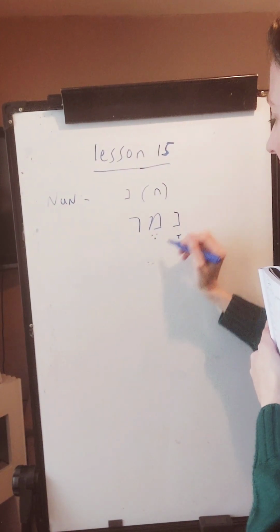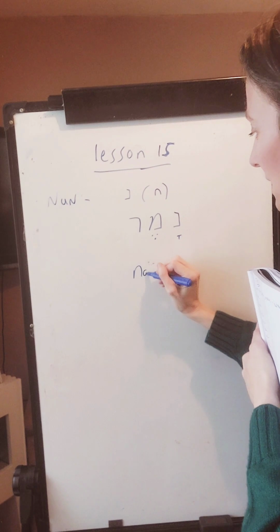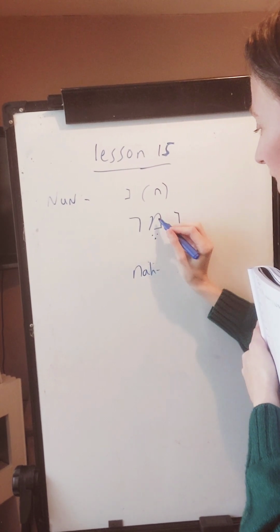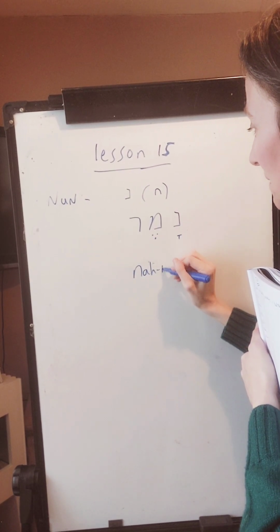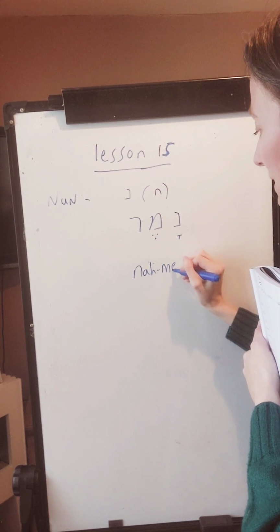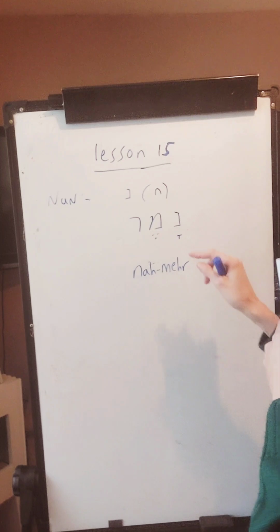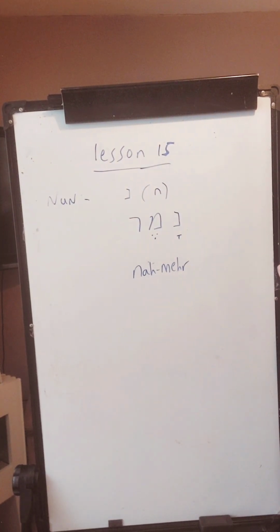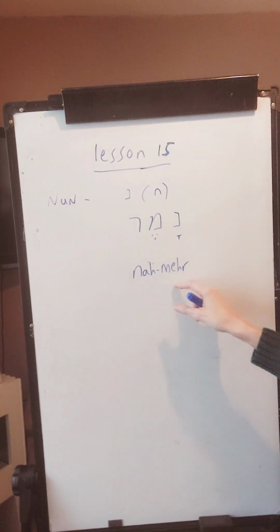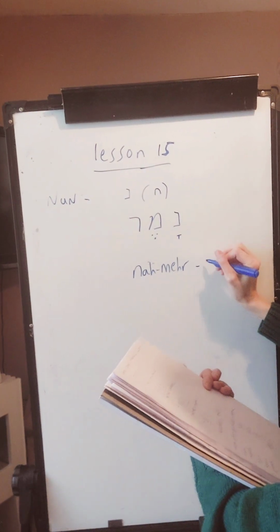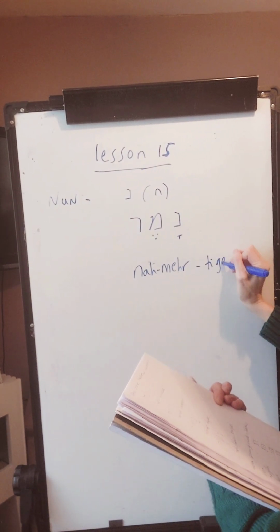Okay, so n, the A vowel, na, go on to the next consonant, which is the mem, sounds as m, and the E vowel underneath, and the consonant resh. That's why you need to know the sounds of the letters, because it helps you as you read in Hebrew. Namer, and that means tiger.